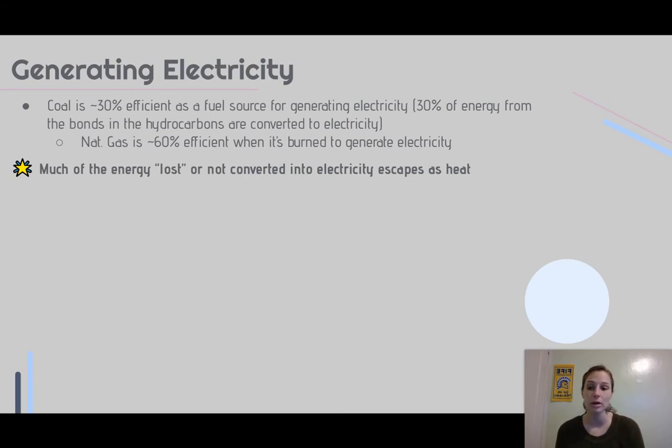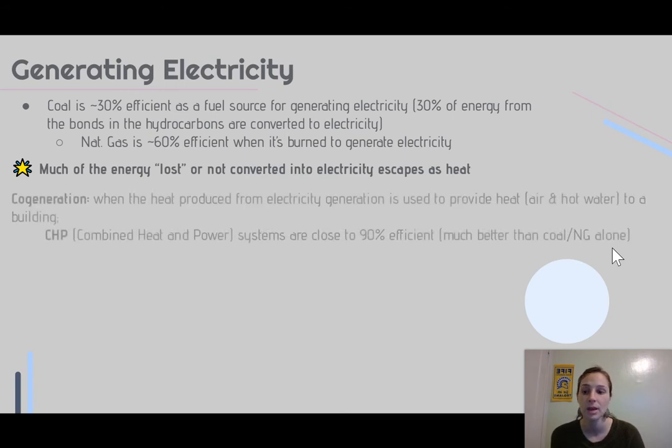These are lower numbers. This is because, if you remember back when we talked about trophic cascades and everything, a lot of energy is lost in the form of heat in all these processes. And so this heat that is released is not able to be converted into electricity. It's just going to escape out into the atmosphere as heat.